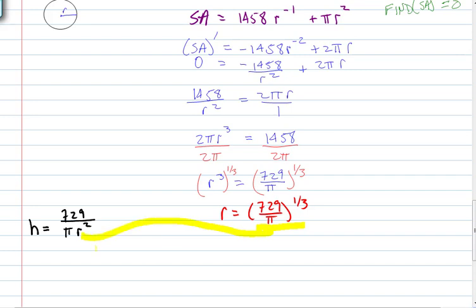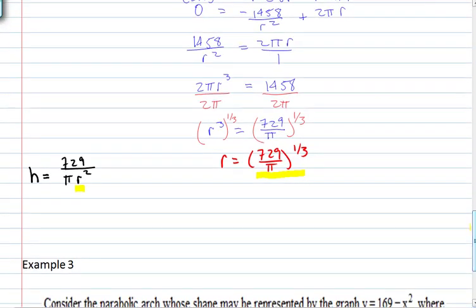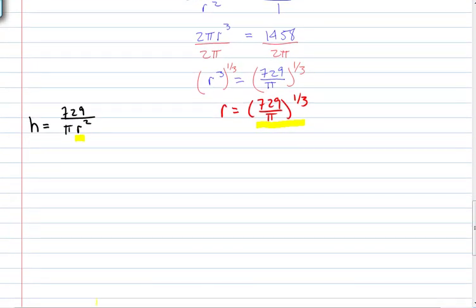There we go. Okay, I didn't like that. That looked ugly. Let's just do that. All right, so let's clean this up now because this is messy. Working with H. We now have H equals 729 over pi times 1 over R squared.